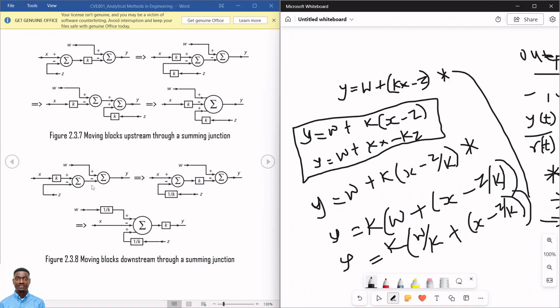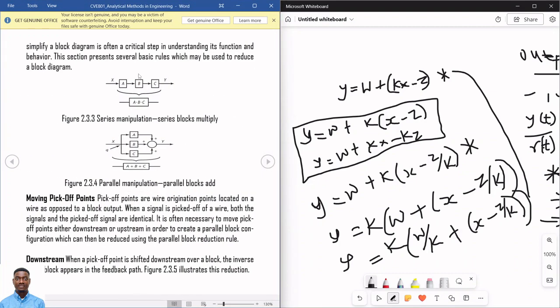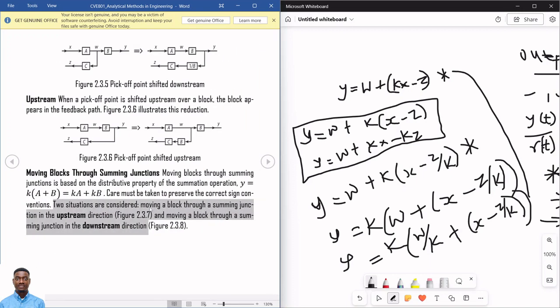So for the manipulations, we have talked about series and parallel. I talked about the series and parallel movement. I talked about movement of a pick-off point, either downstream or upstream over a block. And we have talked about moving blocks through the summing junction, either upstream or downstream.